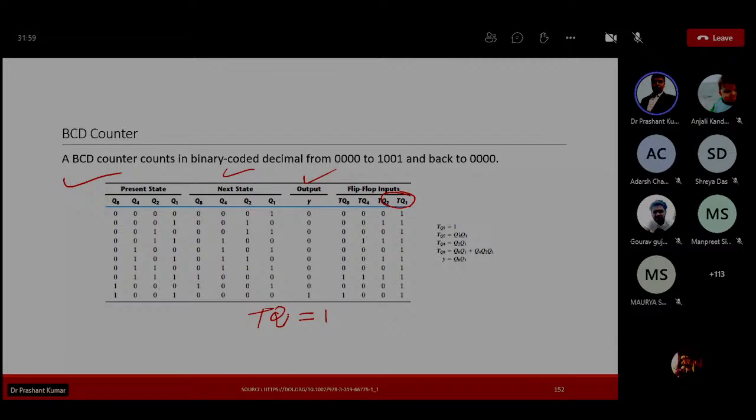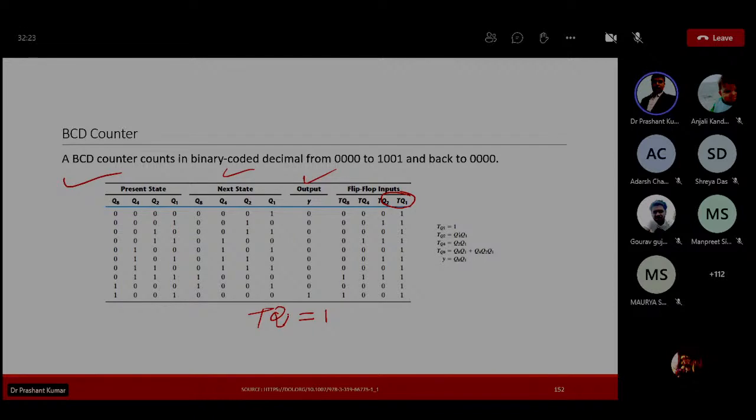Just recall the simple line I told you: to derive the circuit of a BCD synchronous counter, you must go through the sequential circuit design procedure. And what was that procedure? How did we design those circuits?